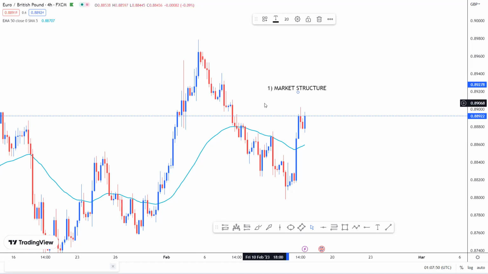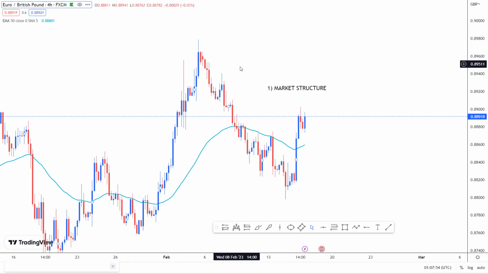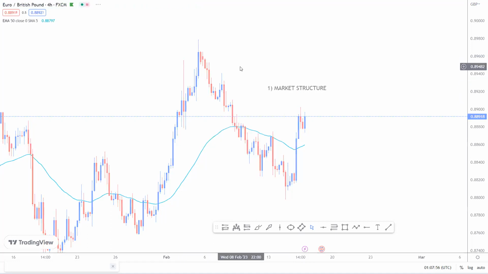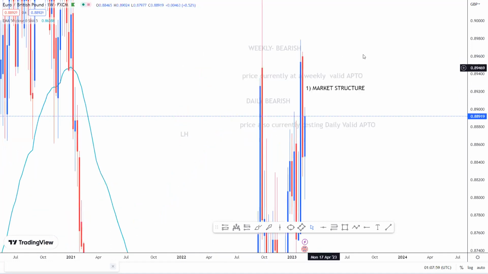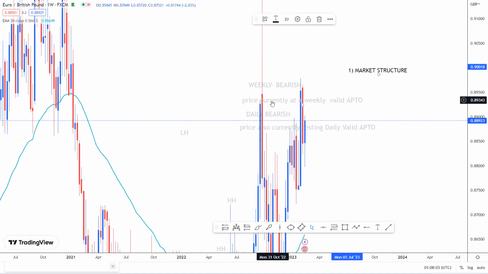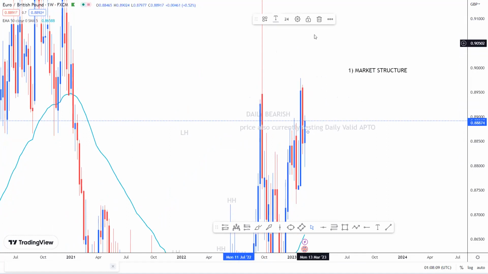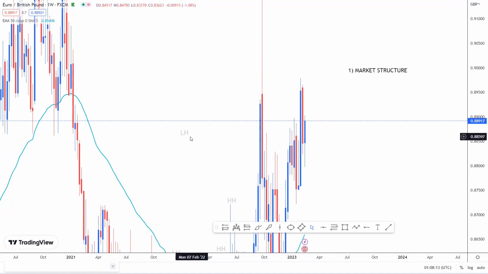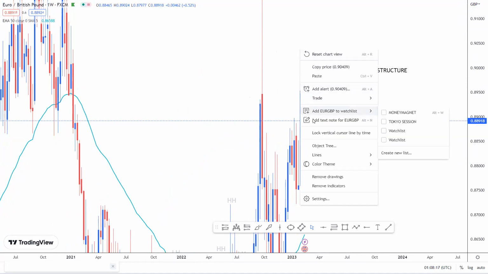From the Euro GBP chart right here in front of my screen, looking at the weekly time frame, sorry about this, guys.